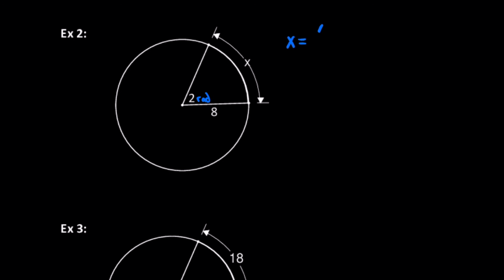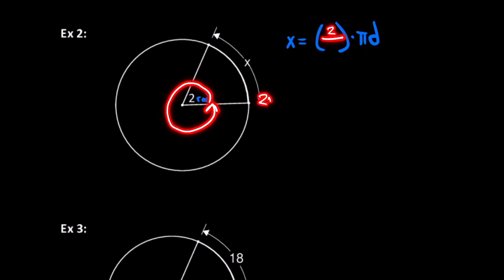It's a fraction of the circumference. What's that fraction going to be? Well, the numerator of that fraction is going to be 2, because that's this angle here. What's the denominator? What's 1 revolution in radians? Well, remember, that's going to be 2 pi radians. So my fraction will be 2 over 2 pi.